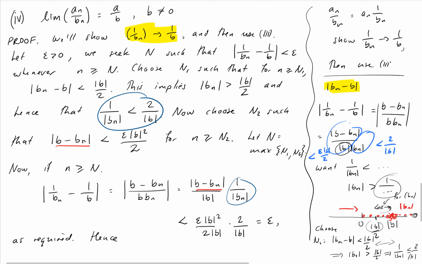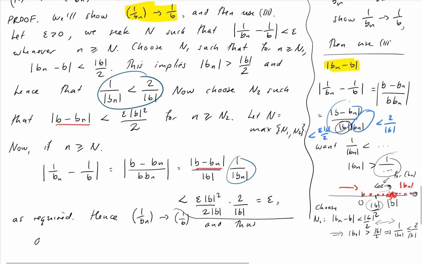So hence 1 over Bn converges to 1 over B, and thus An over Bn equals An times 1 over B, and just to emphasize the fact that I've done them separately, converges to A times 1 over B, which equals A over B by our product rule part 3.